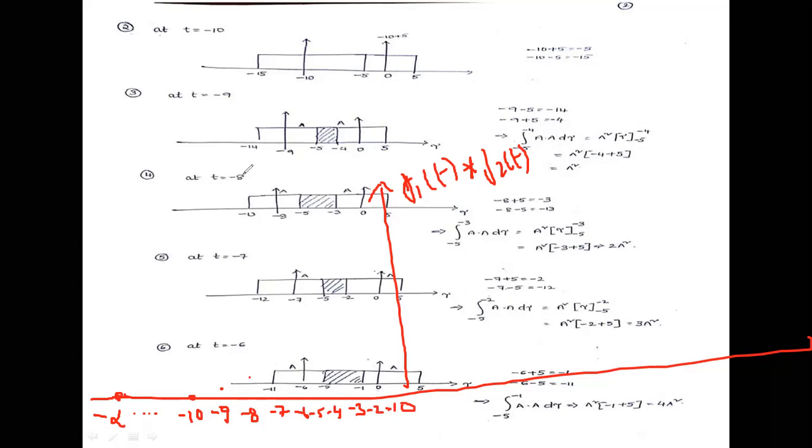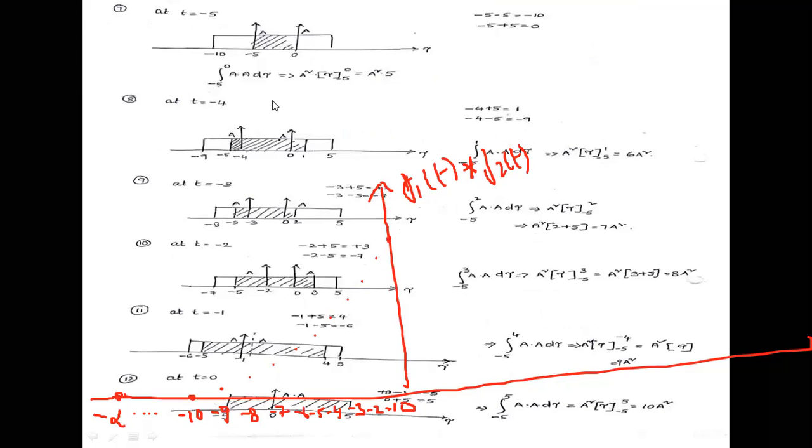Okay, minus 8 is 2a square and then it is 3a square, increasing: 3a square, 4a square, 5a square, 6a square, 7a square, 8a square, 9a square, and at 0, t is equal to 0, it is 10a square. We got the 10a square, and at t is equal to 1, 2, 3, 4, 5, 6, 7, 8, 9, and 10.